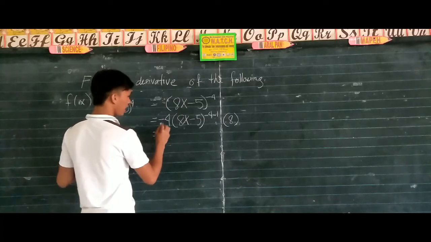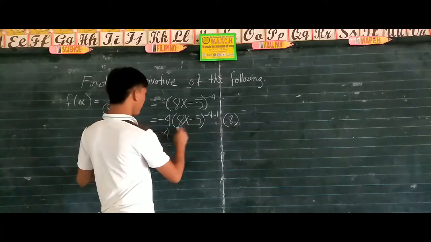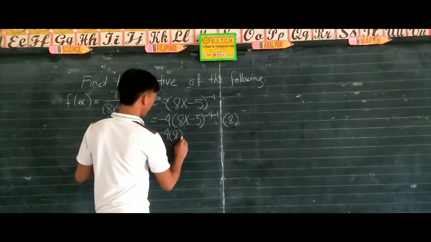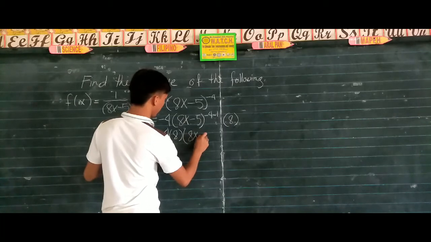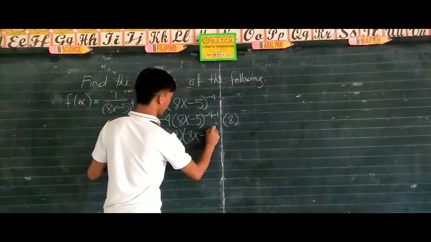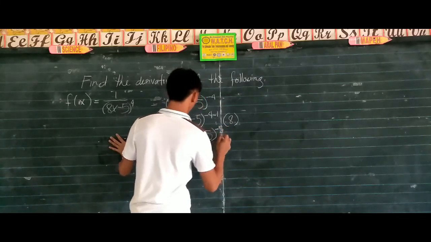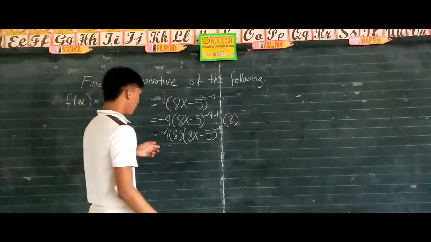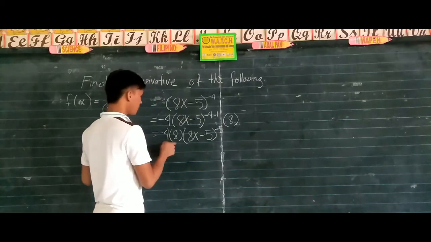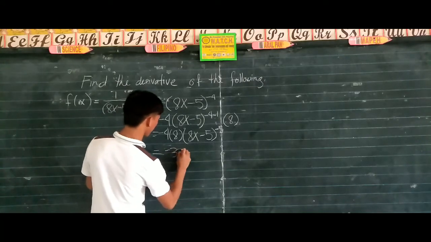So, copy negative 4, then transpose 8 here, then copy 8x minus 5 raised to the power of negative 5. Then multiply negative 4 and 8, which is equals to negative 32.